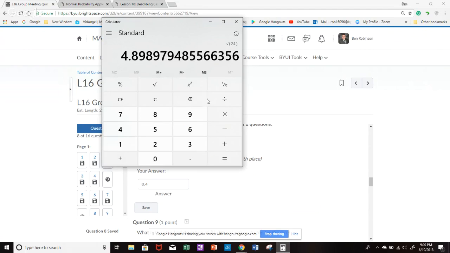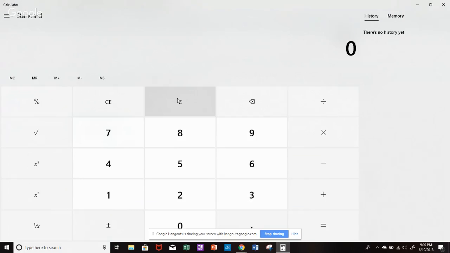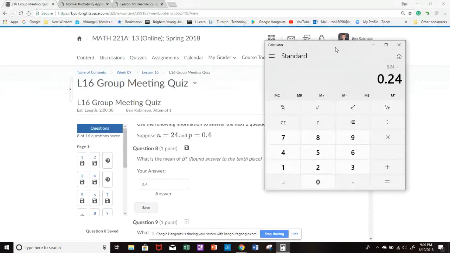So you take 0.4 times 0.6, divided by 24, equals that, and then take the square root. So it's 0.1.